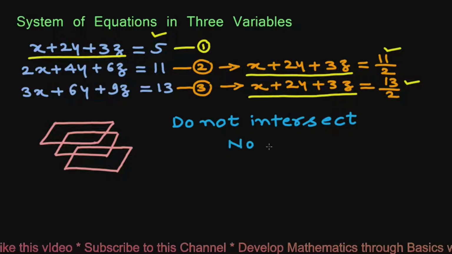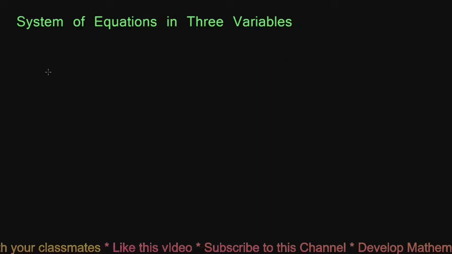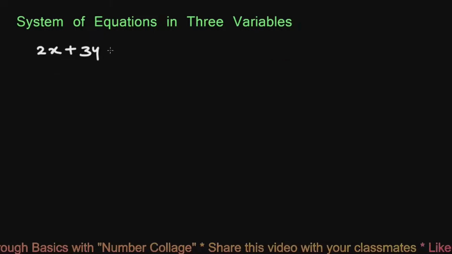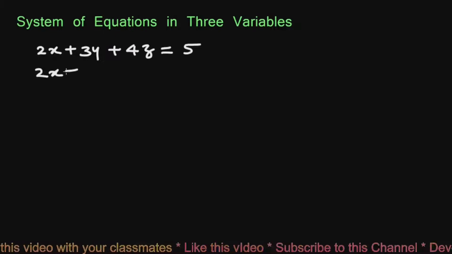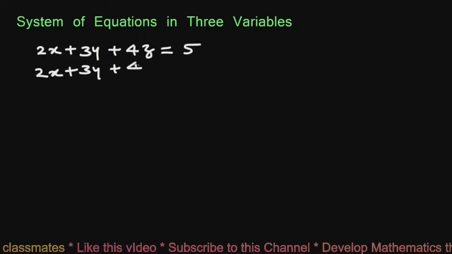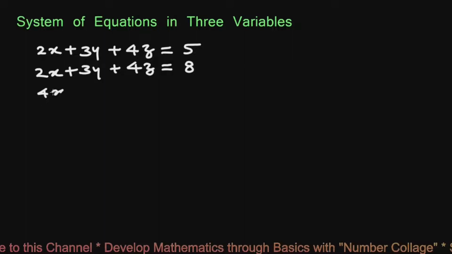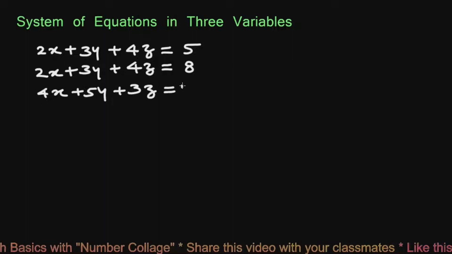no solution. Consider system of equations in three variables: 2x plus 3y plus 4z equals 5, 2x plus 3y plus 4z equals 8, and 4x plus 5y plus 3z equals 11.